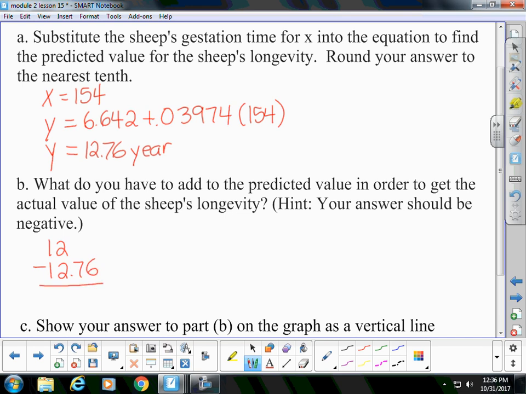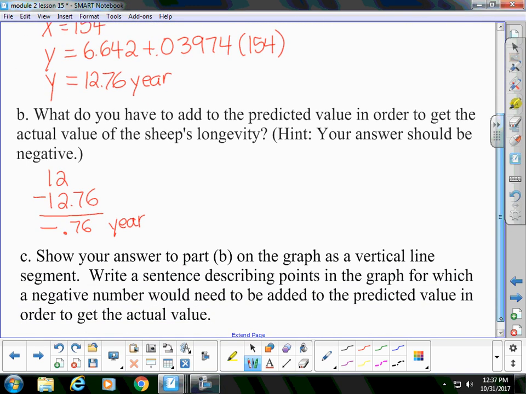Since I'm subtracting a bigger number, I'm going to get a negative number this time, negative 0.76. So this one's a little less than a year off, and it's negative, because this time the predicted value is coming out a little bit too high.